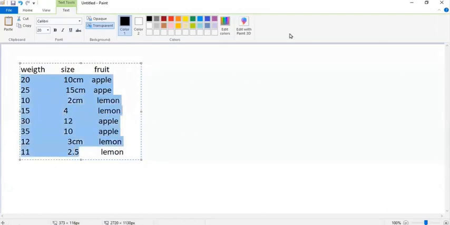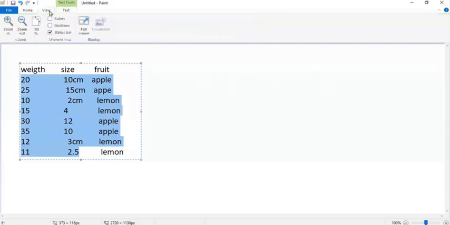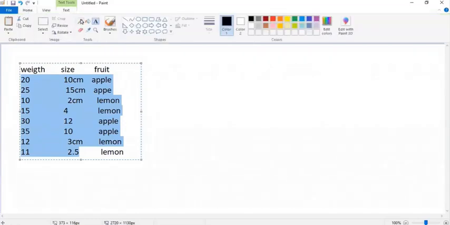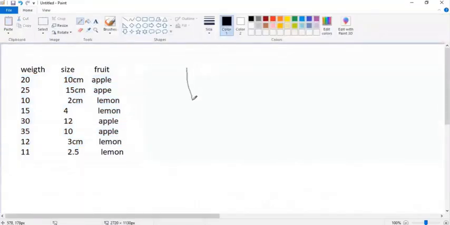Now let's plot the graph. So on the x-axis I have size and on the y-axis I have weight. All right.